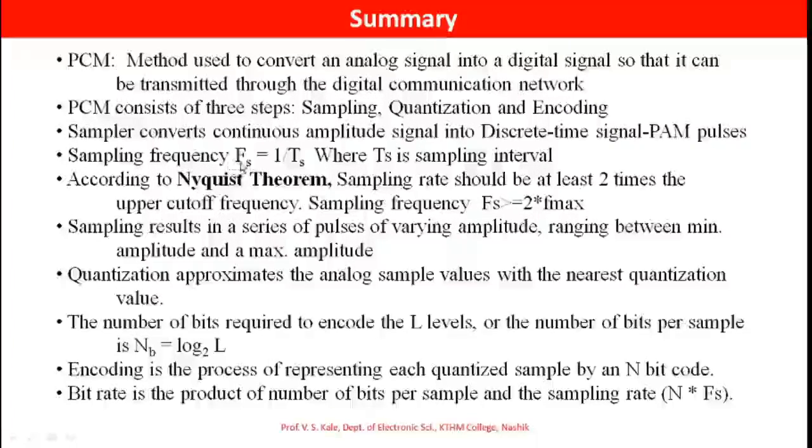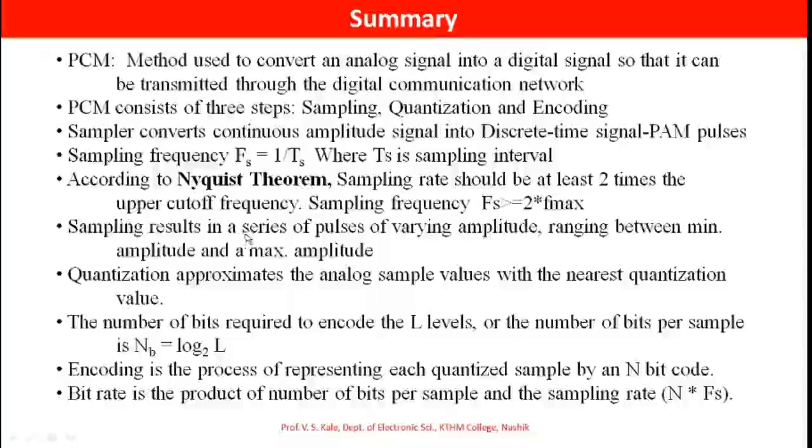Sampling frequency Fs is equal to 1 upon Ts, where Ts is the sampling interval. According to the Nyquist theorem, the sampling rate should be at least 2 times the upper cutoff frequency. The sampling frequency Fs must be greater than or equal to 2 multiplied by Fmax.